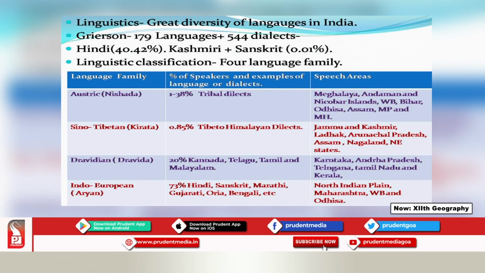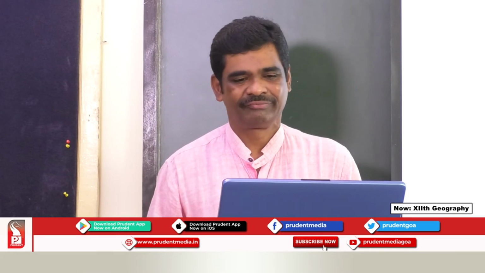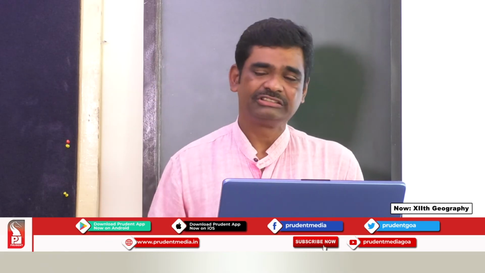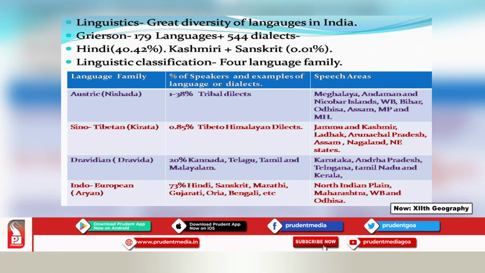Hindi is a major language that is spoken by 40% of India's population. Kashmiri and Sanskrit are spoken by 0.01% of India's population. Very few people speak them, according to linguistic diversity.